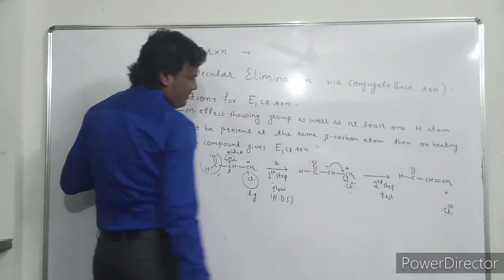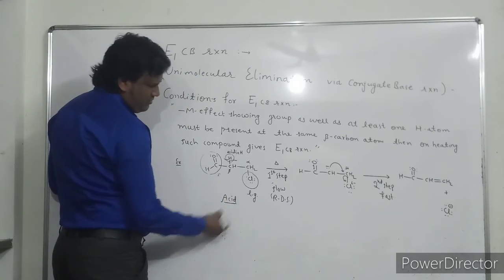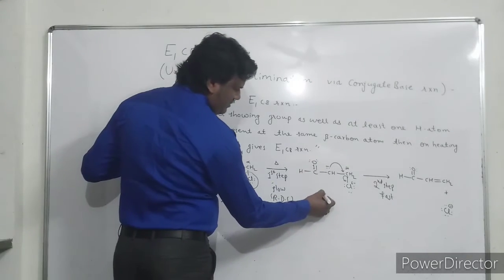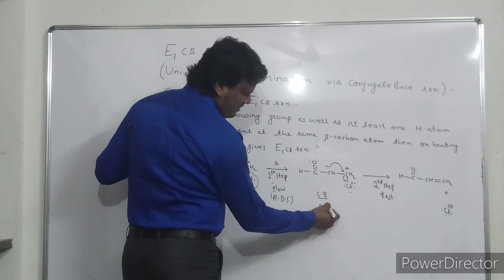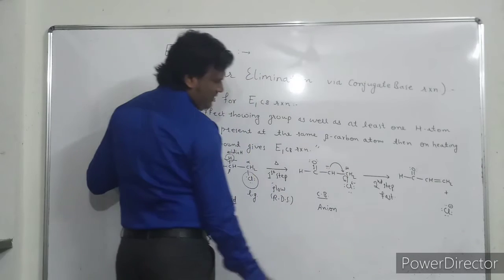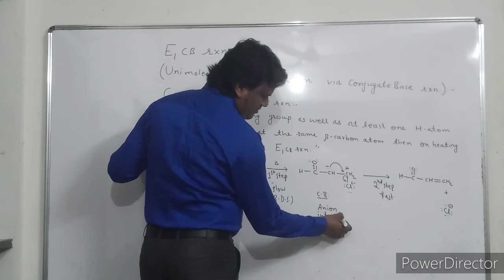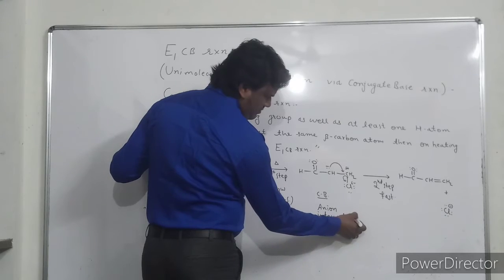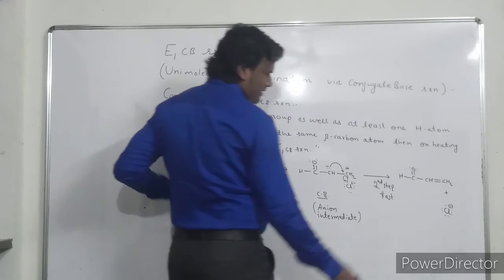This negative charge, this is the acid, its conjugate base is the anion intermediate, the negatively charged anion intermediate, and this is the product.